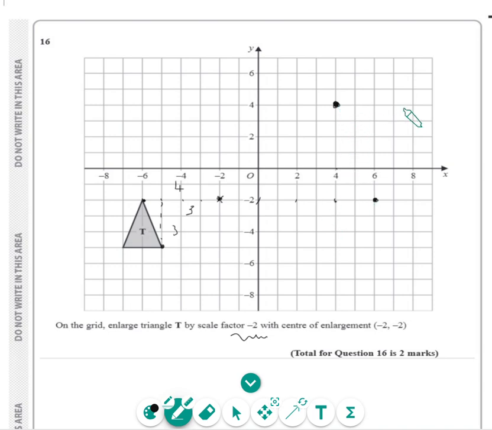Either I can think of this point, or the side of the triangle is 2 units long to the left, so it's going to be 4 units long here in this direction. You can also count out to this point as well. So your image should be here.